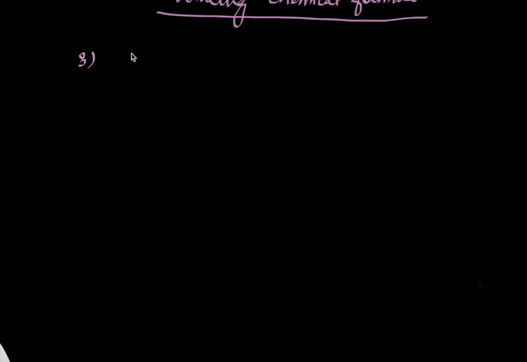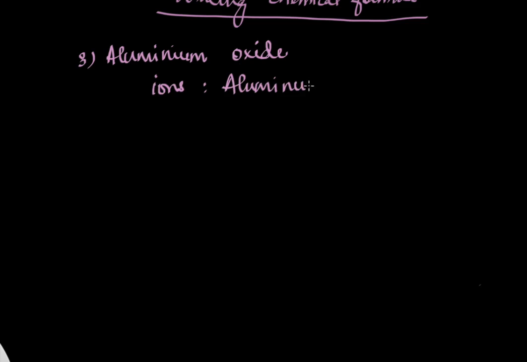Let's take aluminium oxide. So we are going to write down its ions. The ions present are aluminium ion and oxide ion.